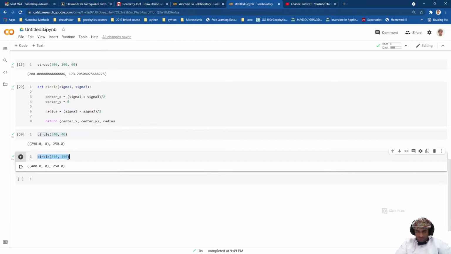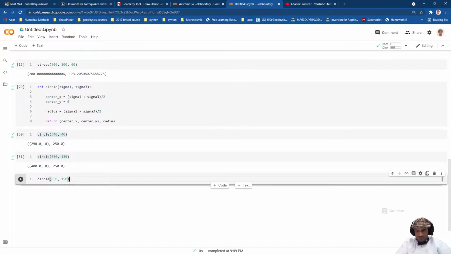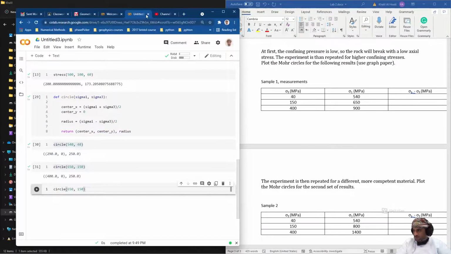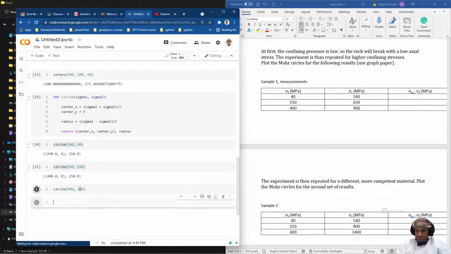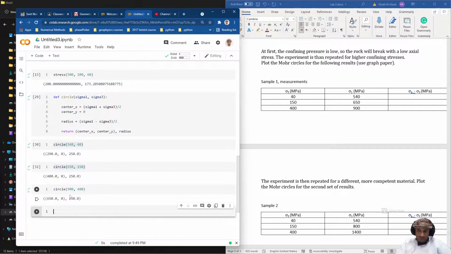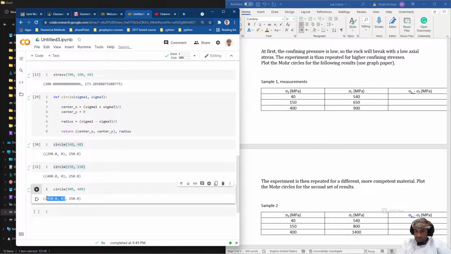Finally, the values I have are 900 and 400. The radius hasn't changed. The center point has changed. The x-axis of this center point is 650, while the y-axis is 0.